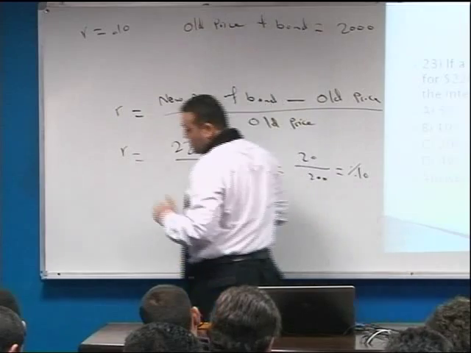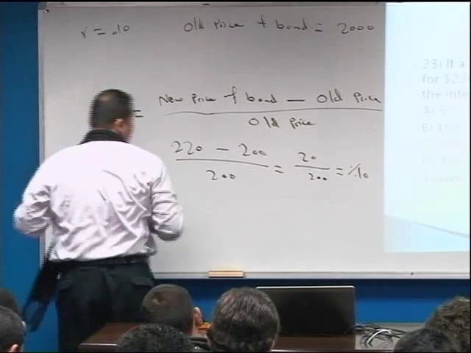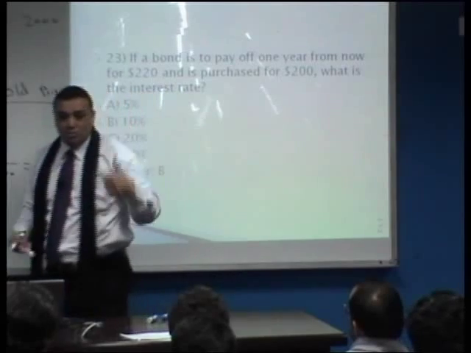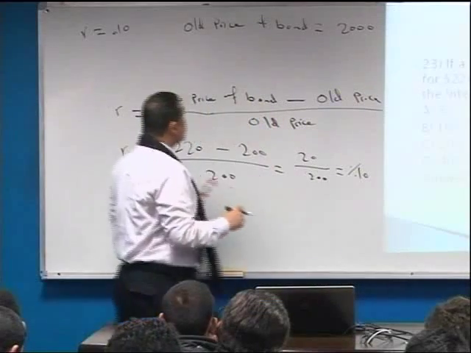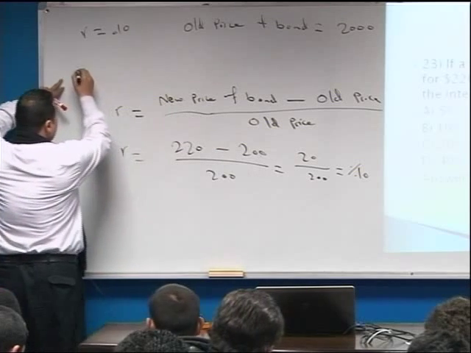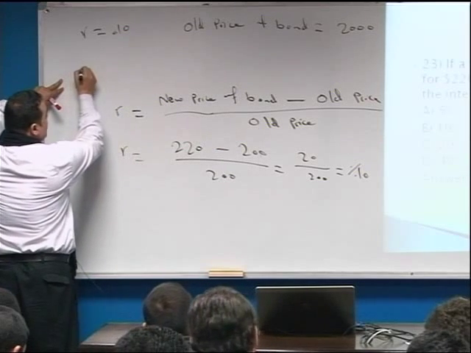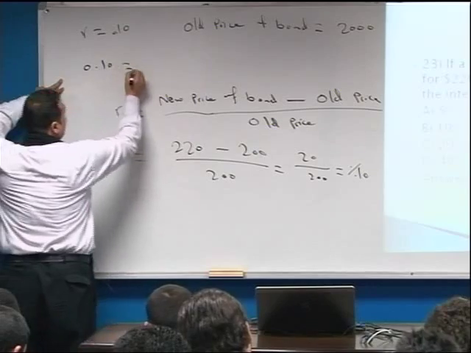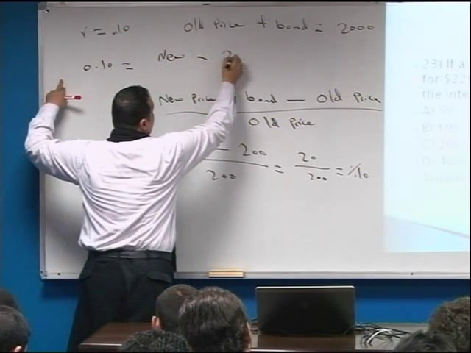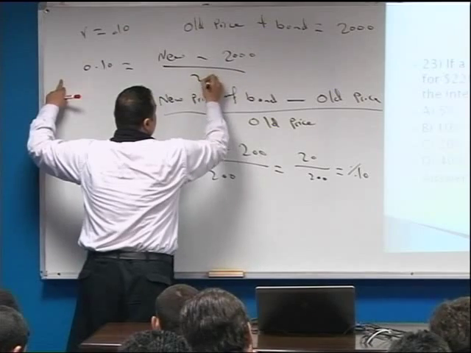How much is the value of the bond after 1 year? Using this formula, R equals 0.10 equals the new price minus 2,000 over 2,000.